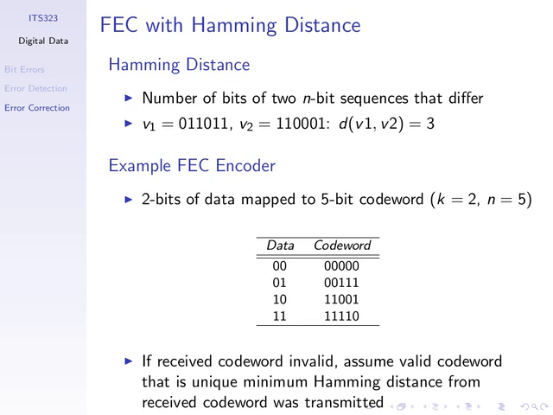The received code word and the second valid code word? 1 bit differs. That is this one and this one. So I'm comparing the received with each of these four values. The received and the third valid code word.